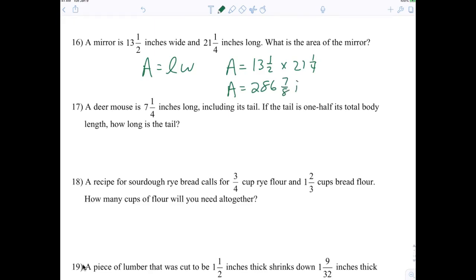Very nice work. Thank you very much. Inches squared or square inches. Okay, I think you just had it wrong.